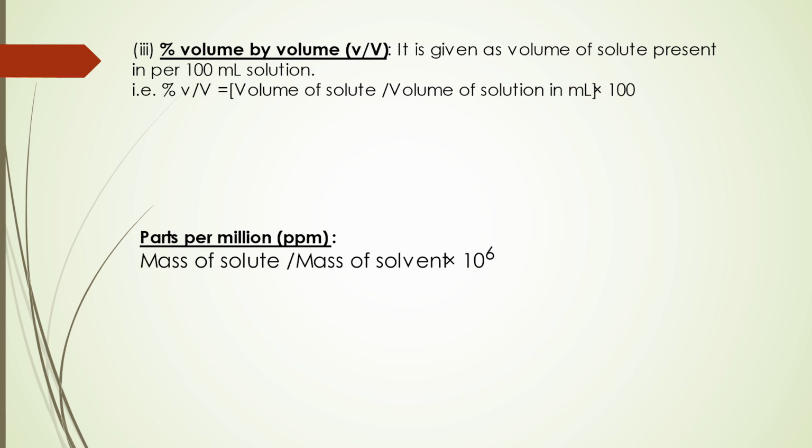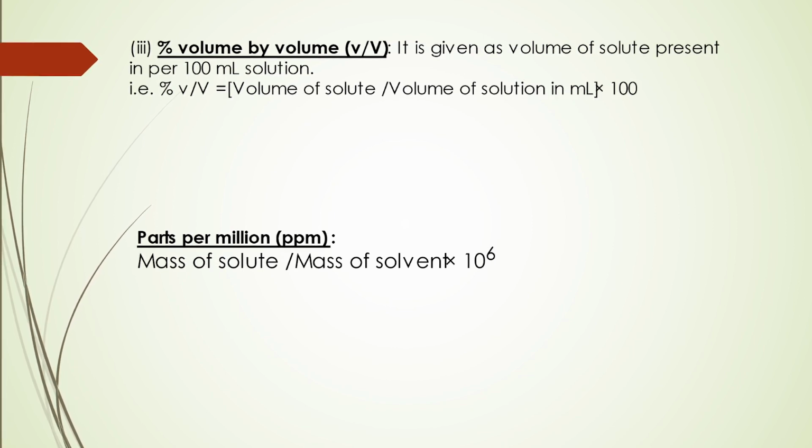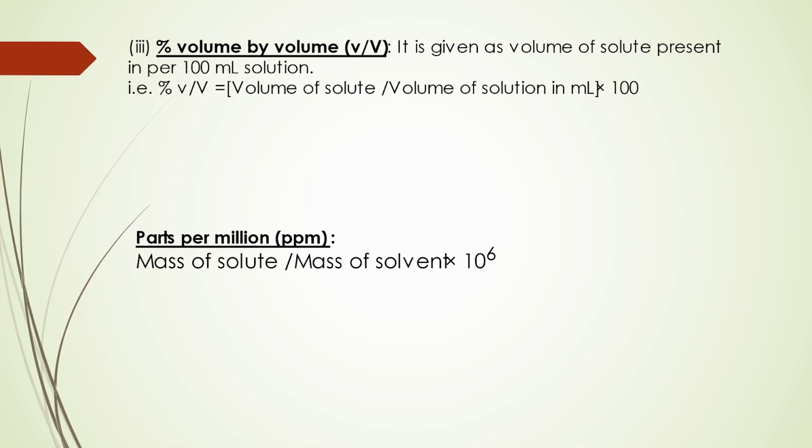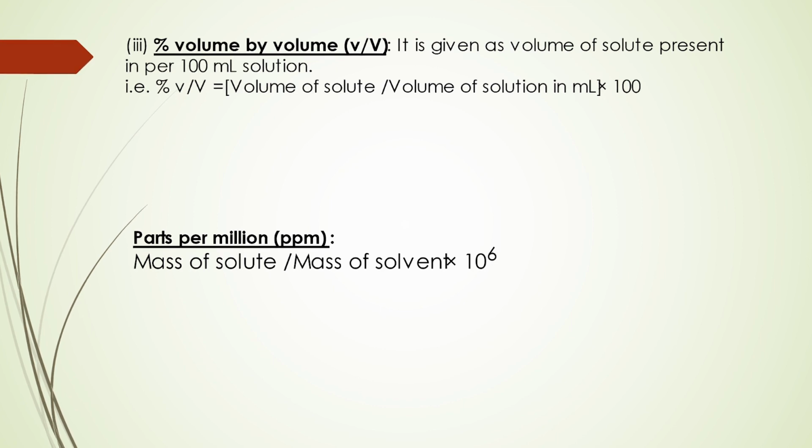Now, ppm is equal to given mass of solute divided by mass of solution into 10 raised to the power 6, which is equal to 0.05 gram divided by 1000 gram into 10 raised to the power 6, which comes to 50 ppm.